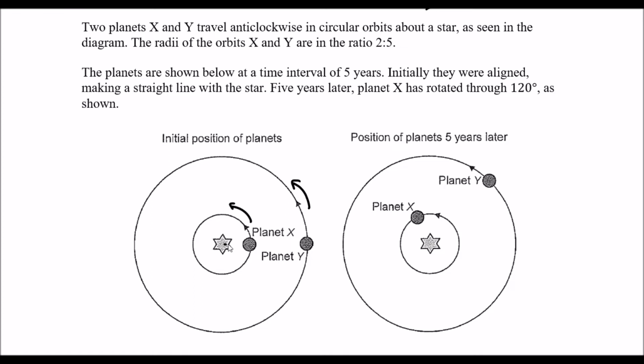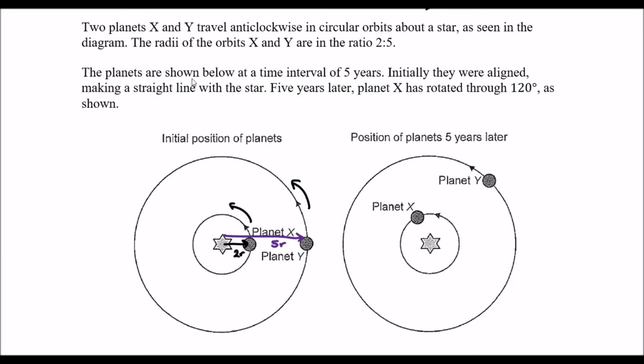What I can say is, arbitrarily speaking, the length from planet X to the star is 2r, and the length to planet Y is 5r. That's what we have.